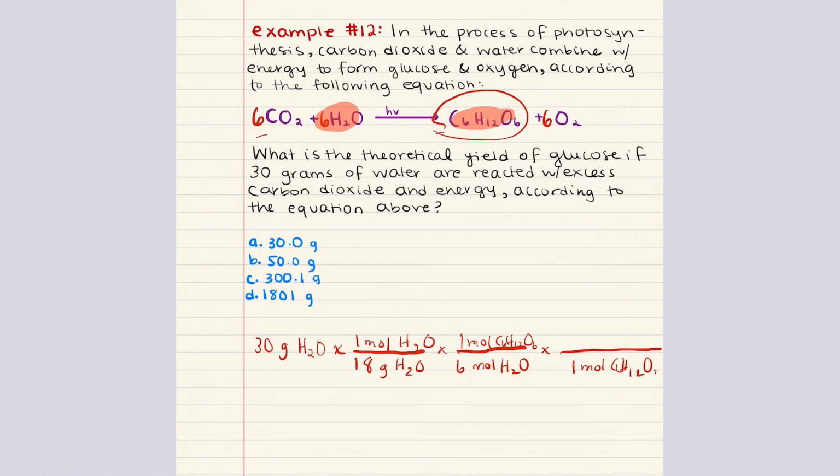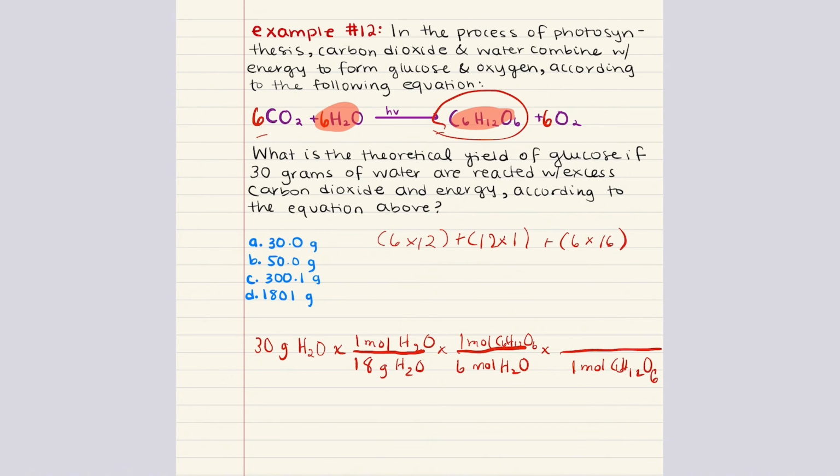Now here, we didn't calculate our molar mass, so let's do that together. We have 6 carbons at 12 grams per mole each, 12 hydrogens, 1 gram per mole each, and 6 oxygens at 16 grams per mole each.